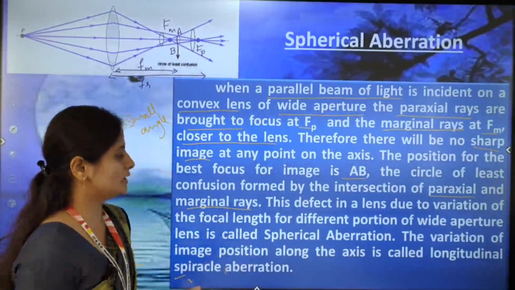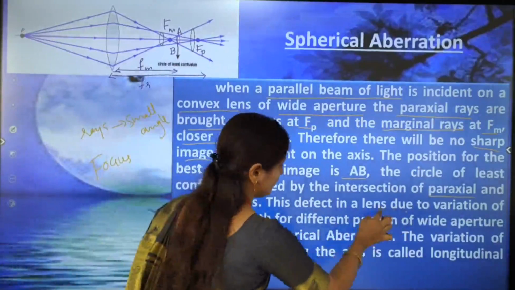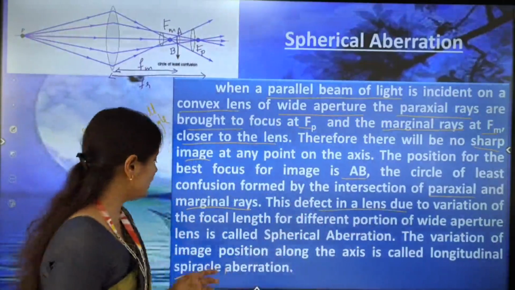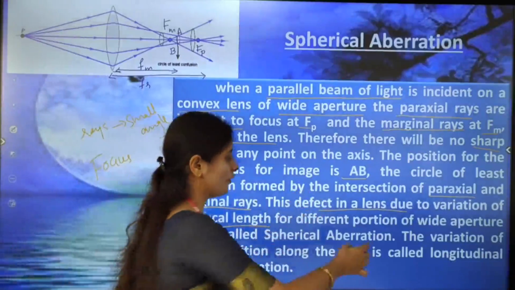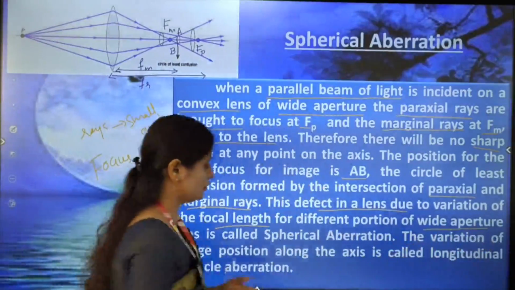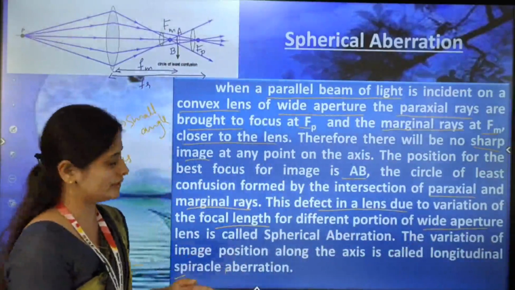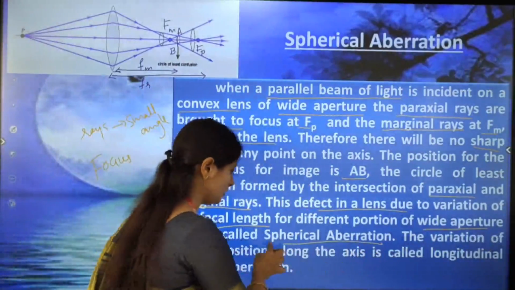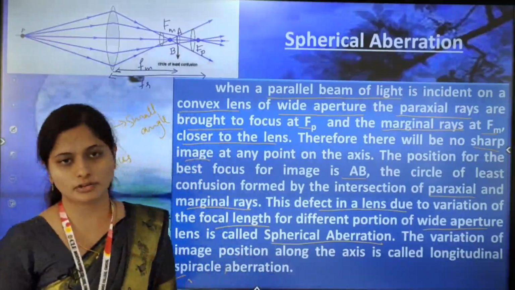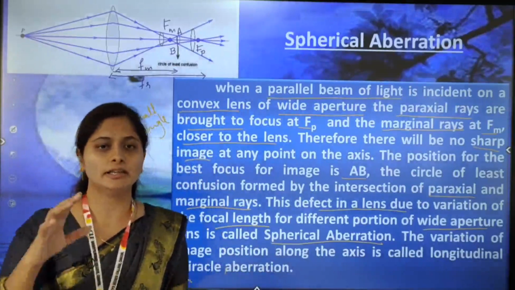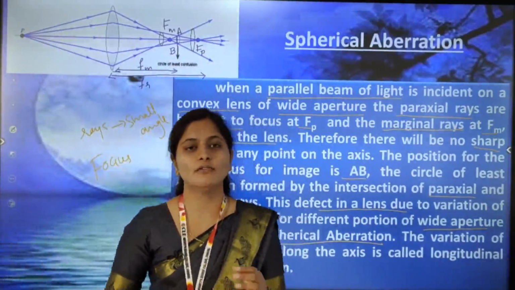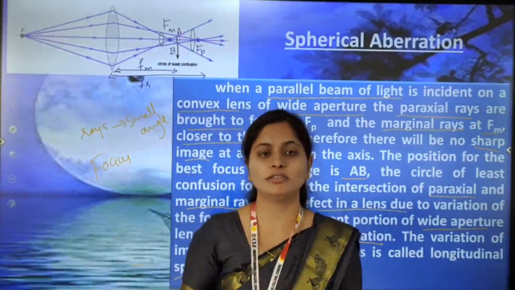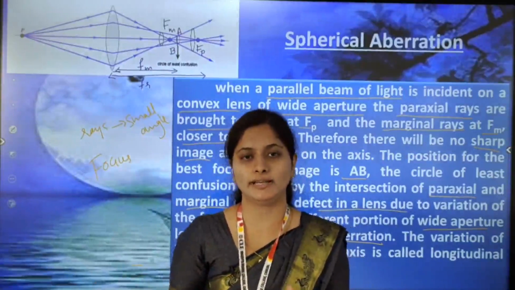Next, this defect in a lens is due to the variation of the focal length for different portions of a wide aperture. That aberration we call spherical aberration. In spherical aberration, a variation of the focal length takes place.